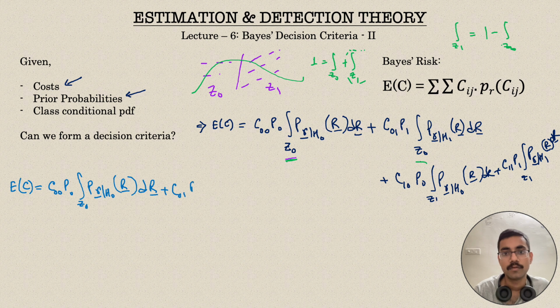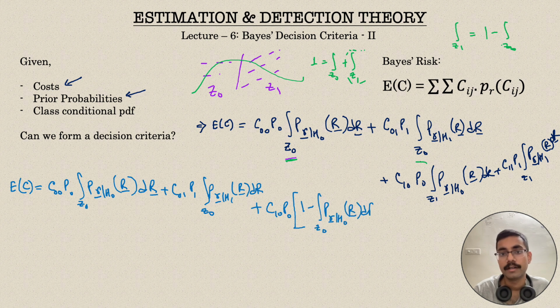Anyway, C01 P1 integral over Z0 of P(R given H1) dR plus C10 P0. Now this Z1 I can write in the form of 1 minus Z0, P(R given H0) dR plus C11 P1 (1 minus Z0) P(R given H1) dR.